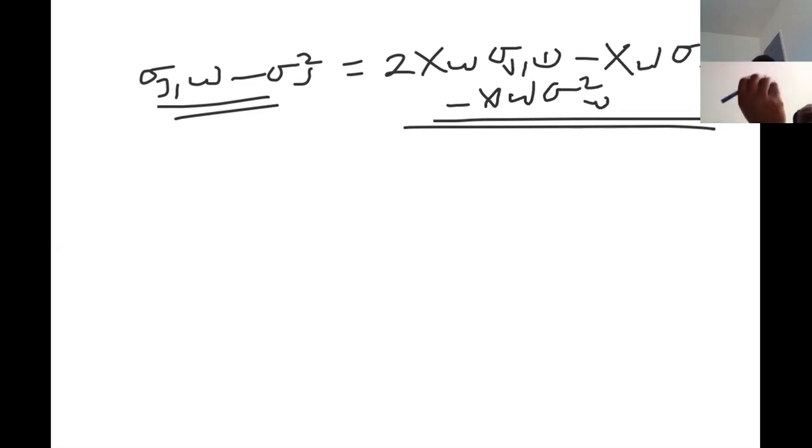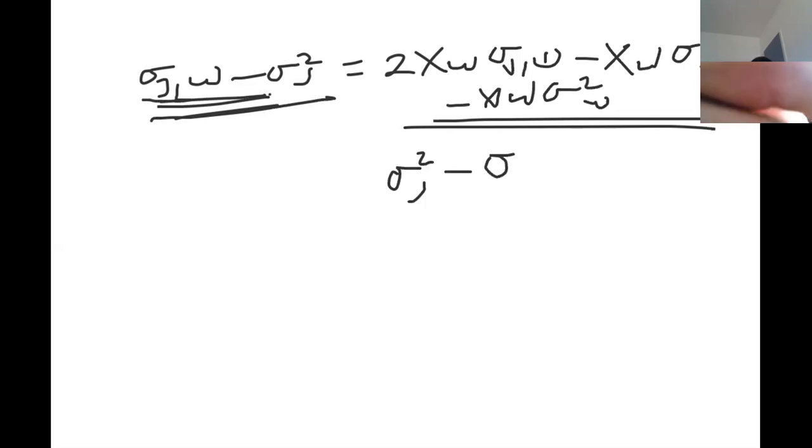Now if I want to send the ones here to the other side of the equation, when the variance of J goes, the other becomes positive variance of J. Now when this one also goes, the left side of the equation becomes minus covariance of JW.